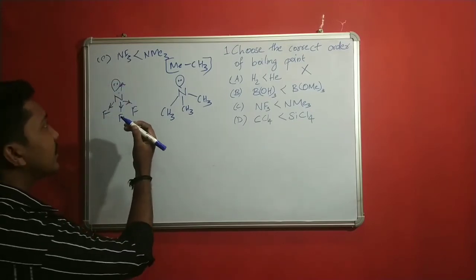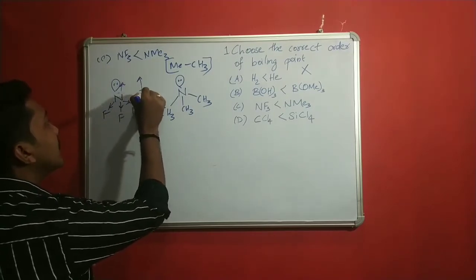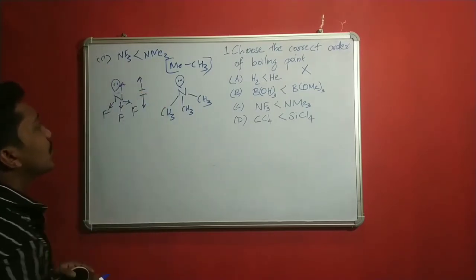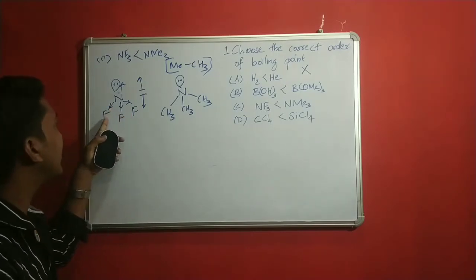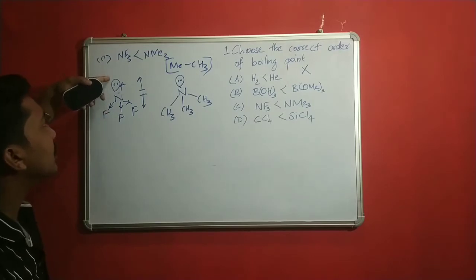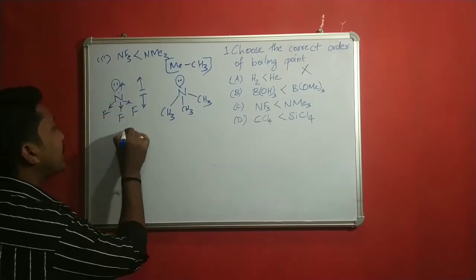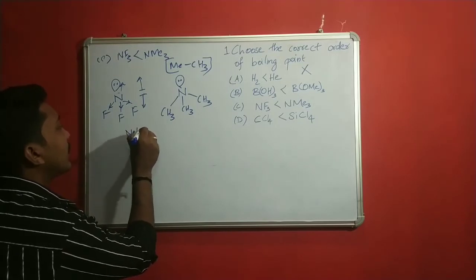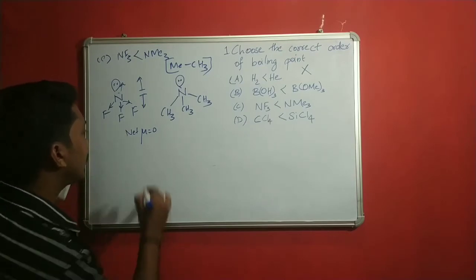So the net dipole moment will be like this. We expect a larger dipole moment here, but it is cancelled by the lone pair of the nitrogen, and we have a net moment equal to 0 or less.